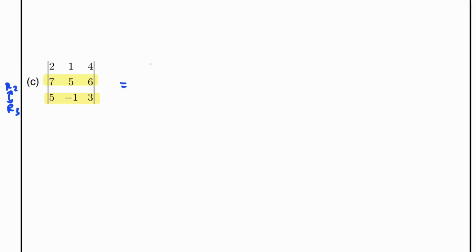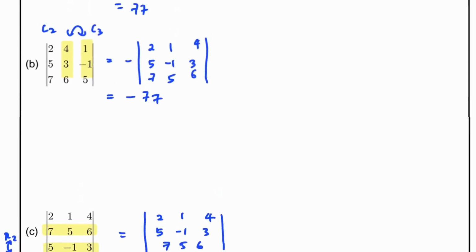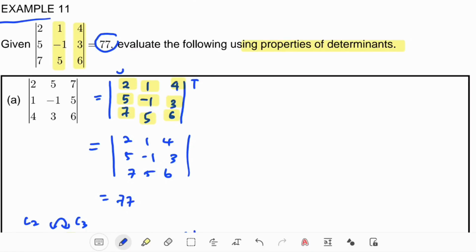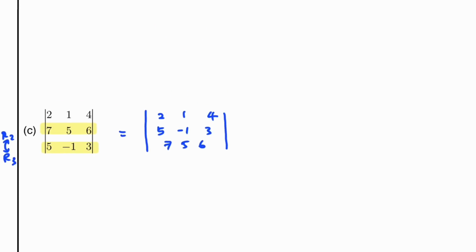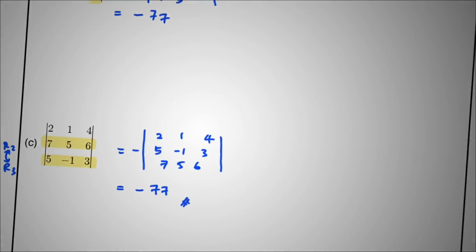If you interchange these entries, the second and third rows, 5, -1, 3, 7, 5, 6, it will become the same as the matrix in the question. But you have to remember that if there is some interchanging between rows or columns, you have to put a negative sign. So it's equal to -77. We're done.